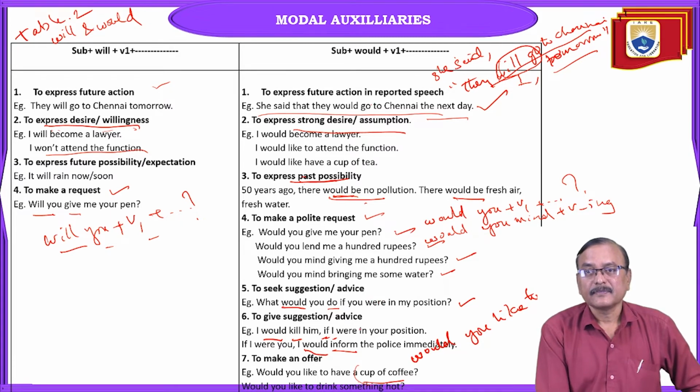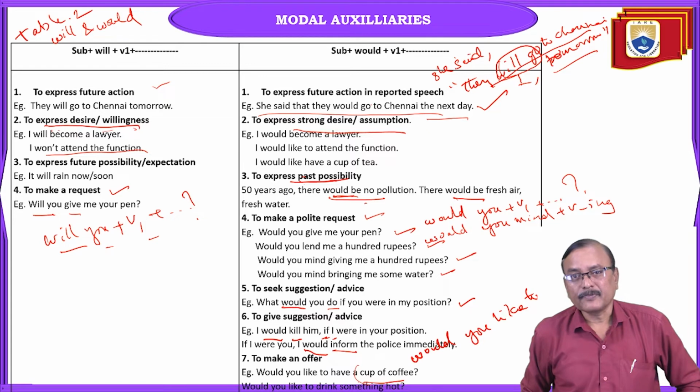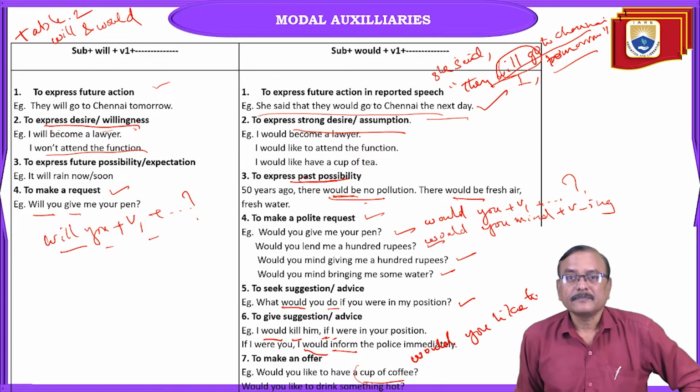Even to give suggestion, I would plus V1. If I were in your position, I would kill him. I would inform the police. Even to make an offer, better use would plus V1. Would you like to have a cup of coffee? What would you like to drink? Like that. Clear now?